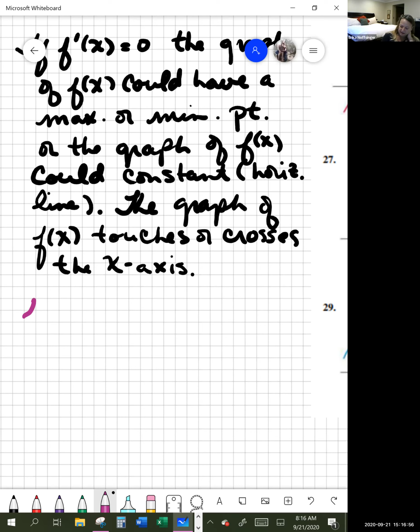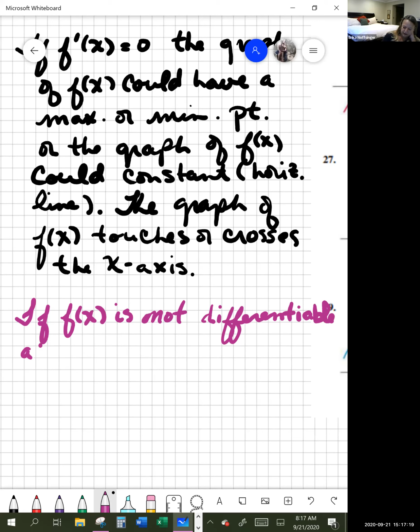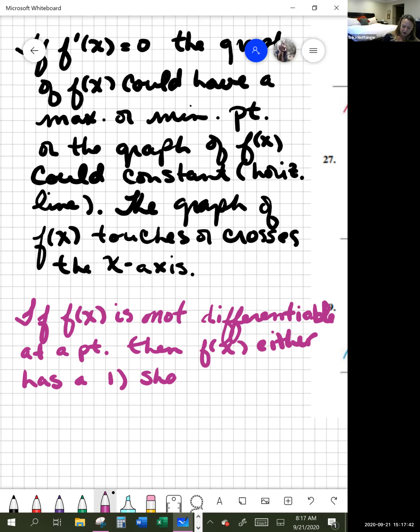So if f of x is not differentiable at a point, then f of x either has a sharp corner there, or it's discontinuous.